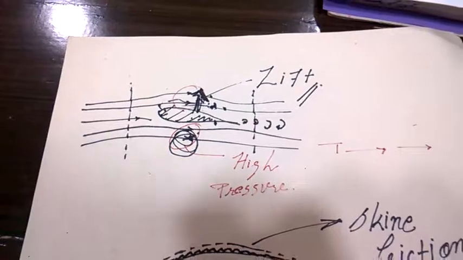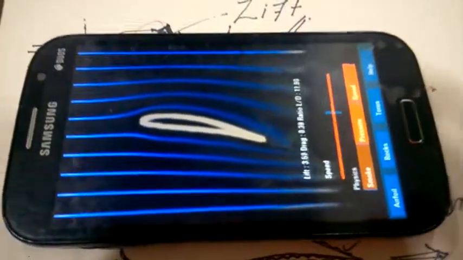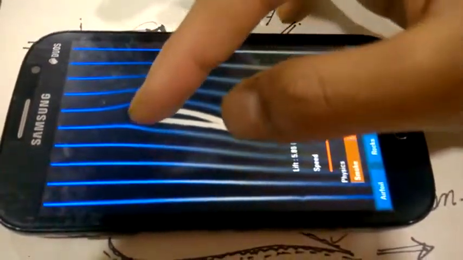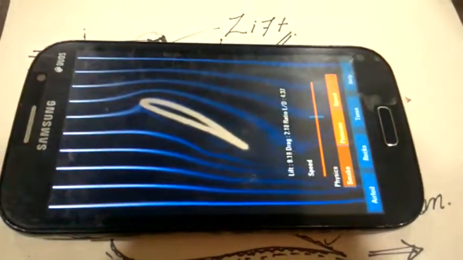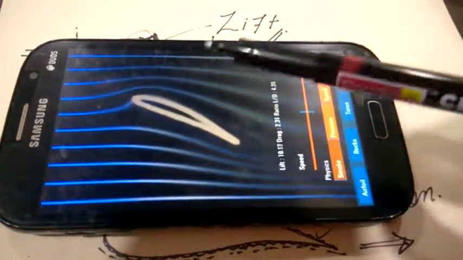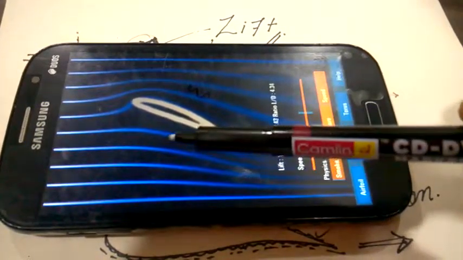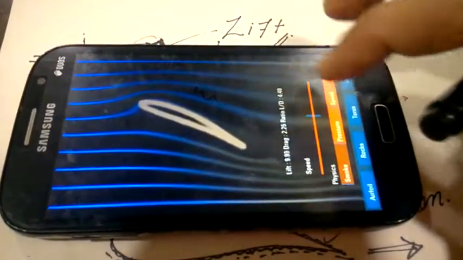Okay, right. Now see what happens. This is our airfoil shape and this is our airflow. Now you can see this. Here particles are moving faster and here particles are moving but a little bit slower.